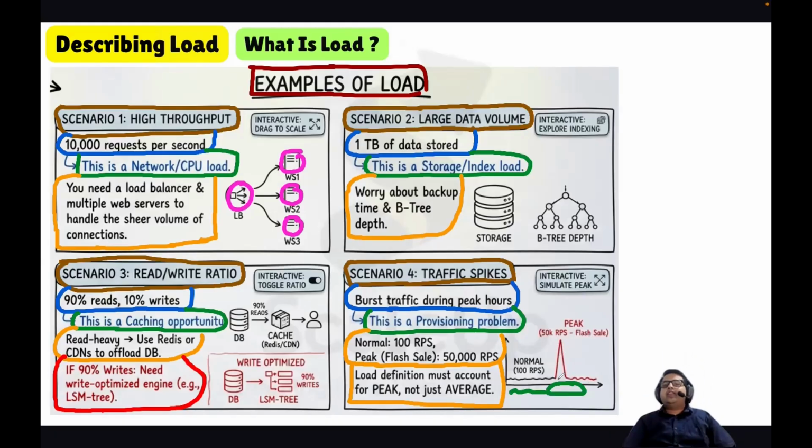So we looked at examples of load: we can have high throughput load like 10,000 requests per second, large data volume loads like 1 TB of data stored, loads with a high read write ratio, and loads with traffic spikes. So these are examples of load.